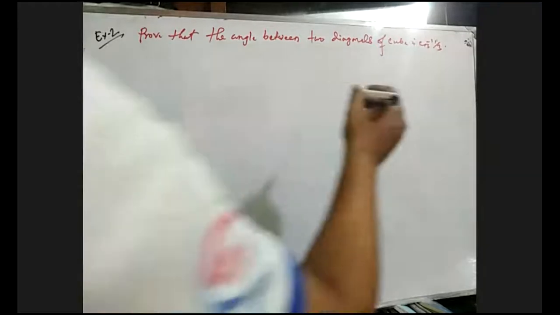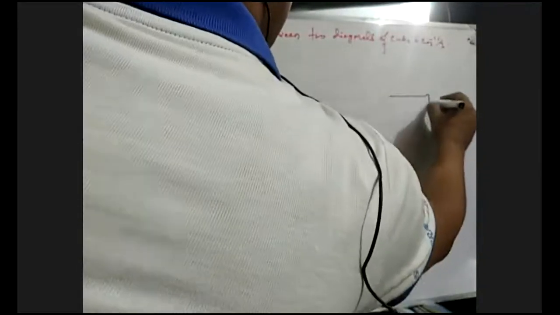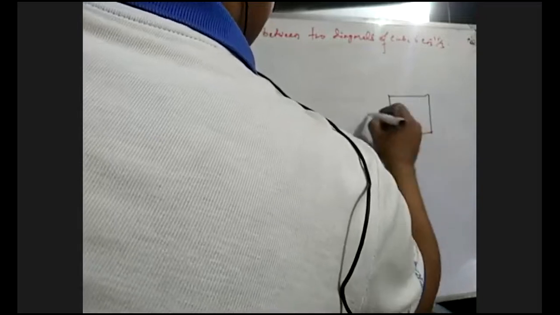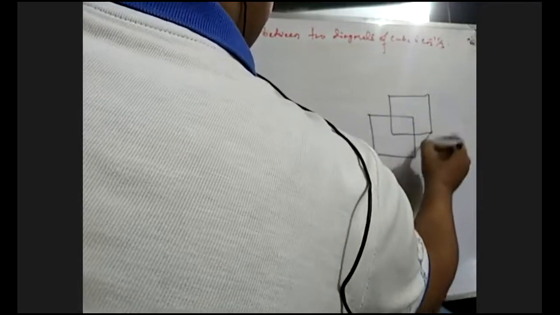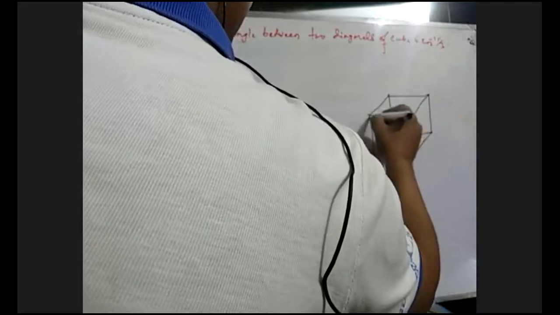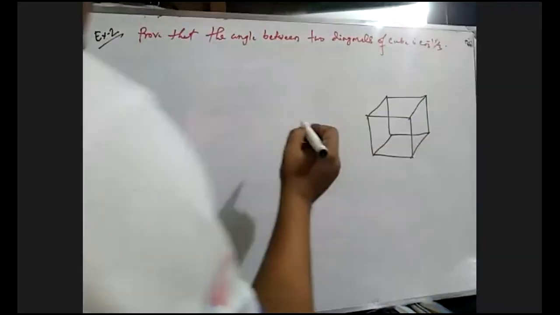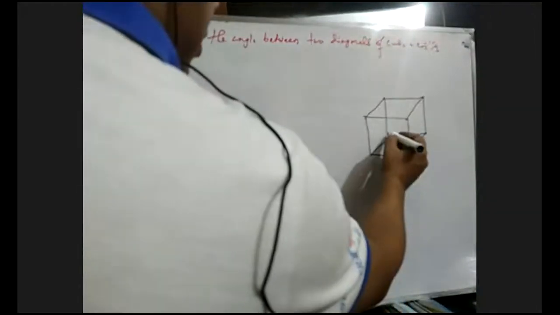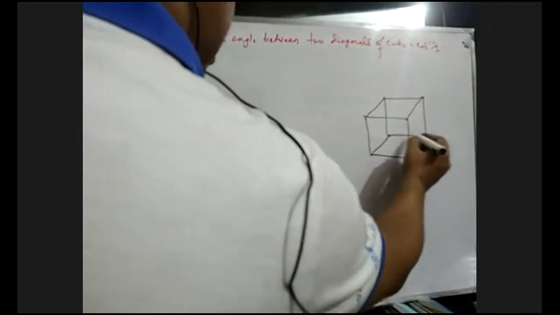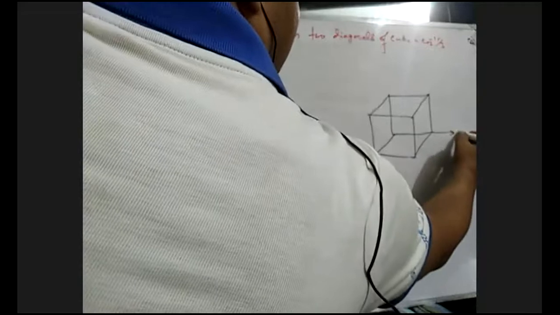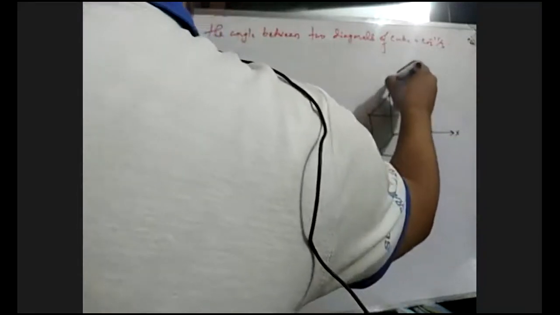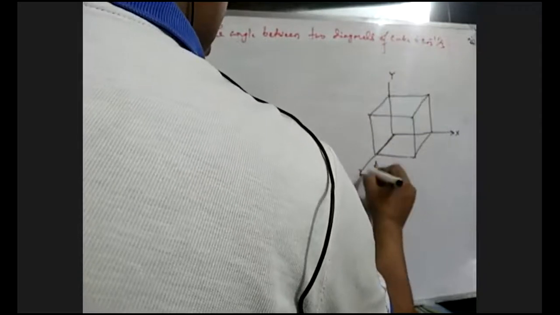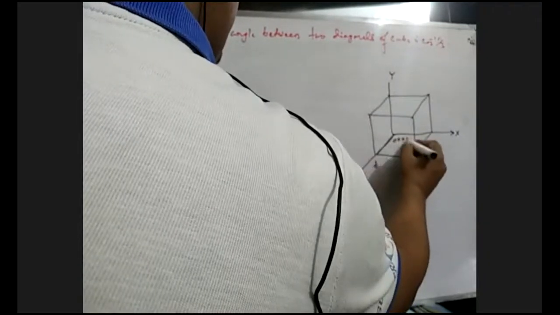First of all, we have to draw a cube. This is the cube. This is the x-axis, this is the y-axis, and this is the z-axis. This is the origin, 0, 0, 0.